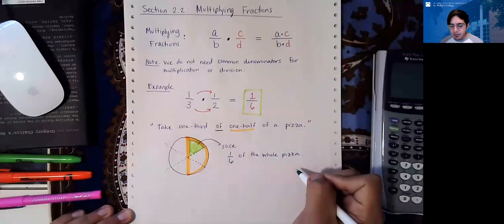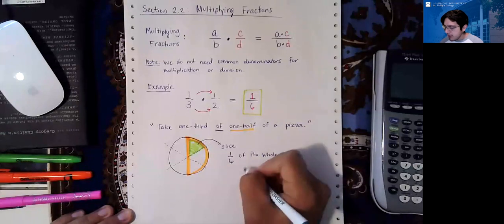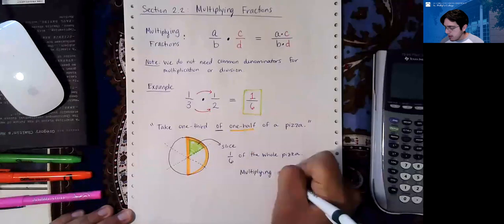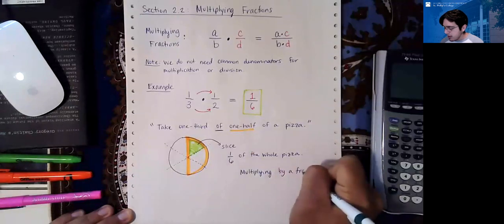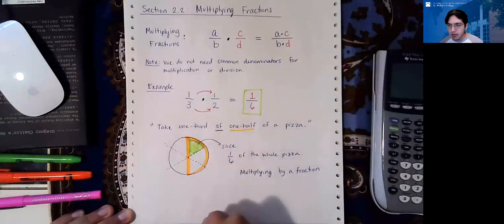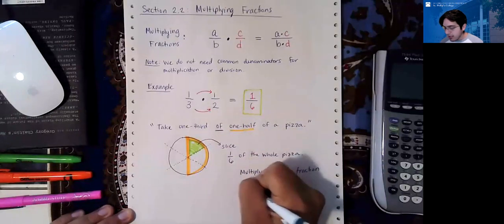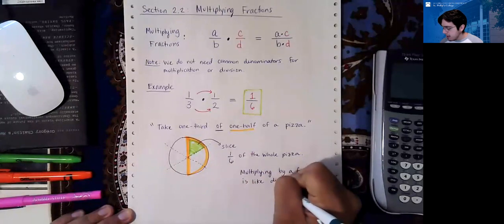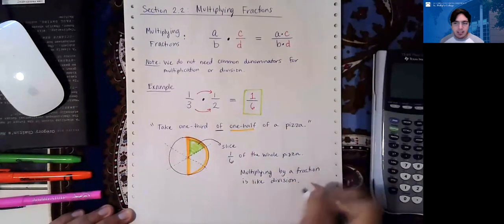Okay. So in some sense, multiplying by a fraction, where we multiplied 1/2 times 1/3, is like dividing. And I will just leave that there.